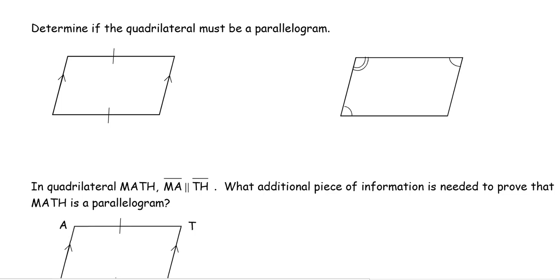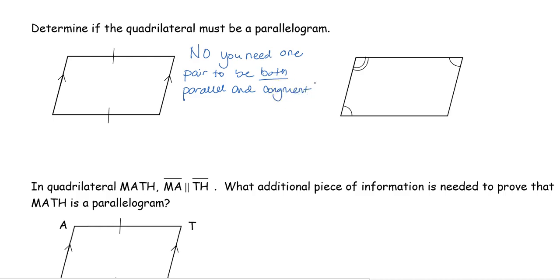When I look at the first one, I've got the top is congruent to the bottom. I've got the left is going to be parallel to the right. So this is going to be a no. There's lots of different ways that you can describe this. So one way is no, you need one pair to be both parallel and congruent.